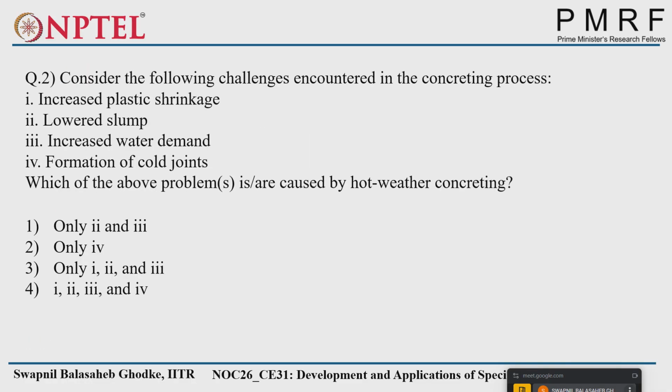Consider the following challenges encountered in the concreting process. One, increased plastic shrinkage. Second, lower slump. Third, increased water demand. Fourth, formation of cold joints. Which of the above problems are caused by hot weather concreting? All.